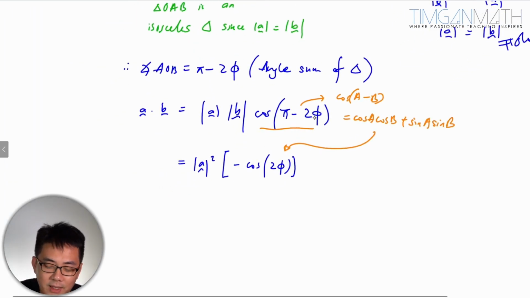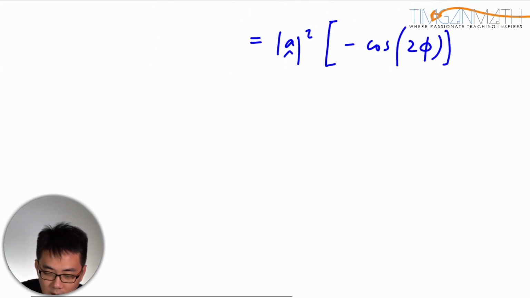This is 180 minus an angle, so this is in quadrant 2. Whatever happens here, you change to the first quadrant, it will be negative. So that's why it's like that.